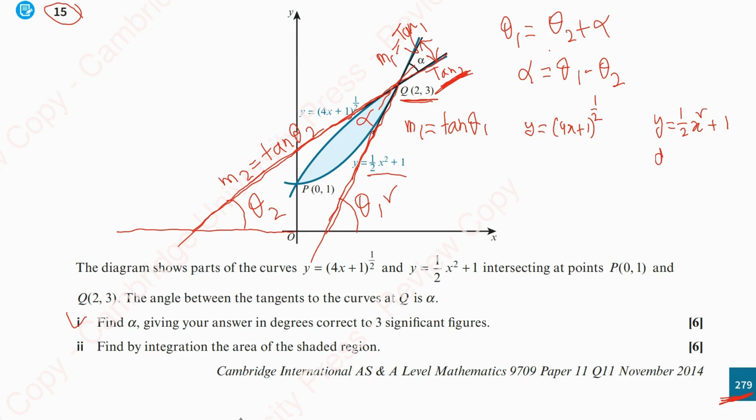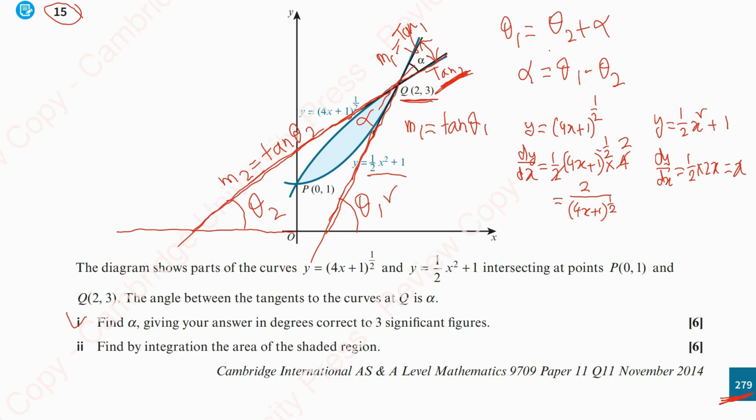If we differentiate this one, dy/dx gives us half into 2x, which is x. And if we differentiate the curve given above, dy/dx gives us half into (4x plus 1) to the power half minus 1, which is minus half, and we need to multiply by the coefficient of x. Here the coefficient of x is 4, so we multiply with the 4 here. So we can cut out this 2, and finally we get 2 divided by (4x plus 1) to the power half.